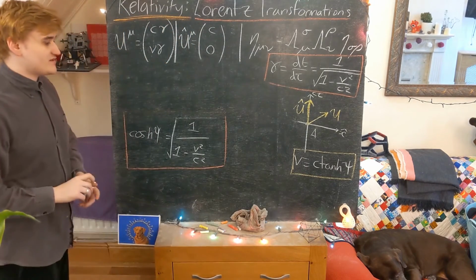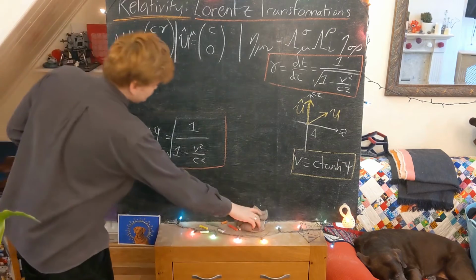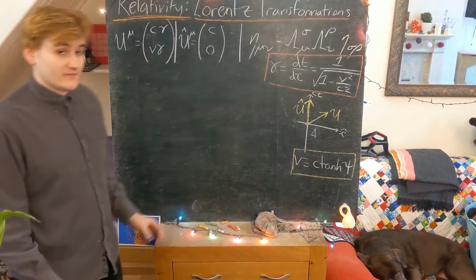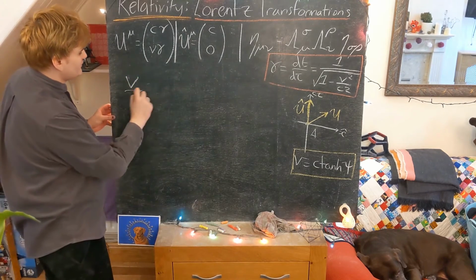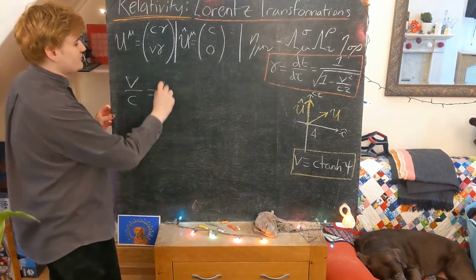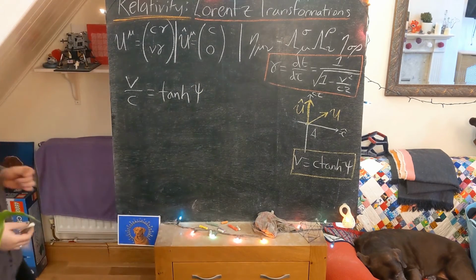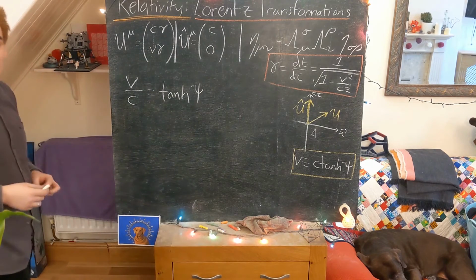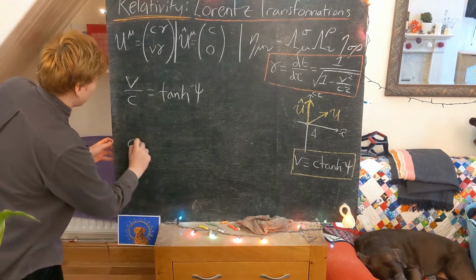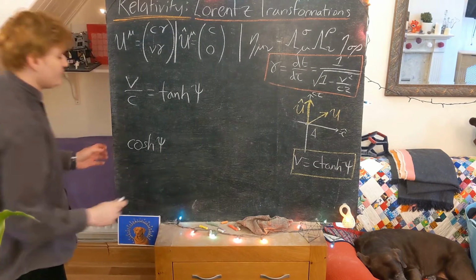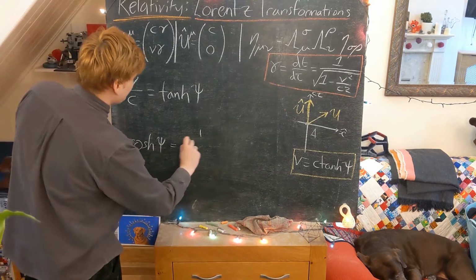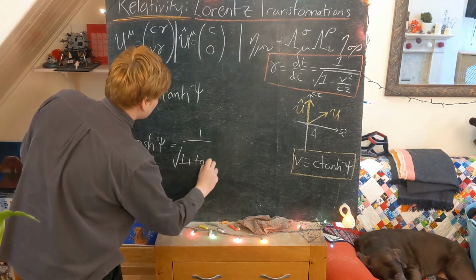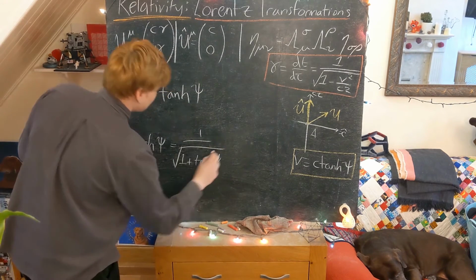Or actually, briefly, I just want to comment, you could have arrived at this in a slightly different way if we just briefly revisited this formula and we wrote v over c is equal to tanh of psi. So we can define tanh psi to be this v over c, and now we can just really use an identity which says that the cosh of psi is 1 over square root 1 minus tanh squared of psi.